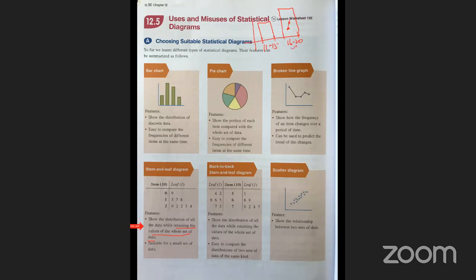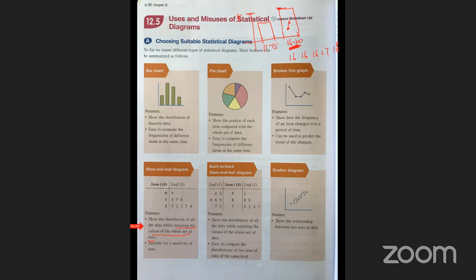But in this case, for example, the frequency for this bar will be 5. Then it means from this range, I may have 16, 16, 16, 17, 18. All these numbers are in this range, and they are all grouped in this part. And then I have 1, 2, 3, 4, 5, like that.